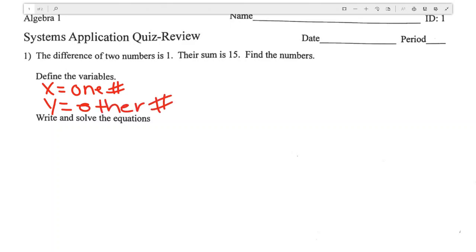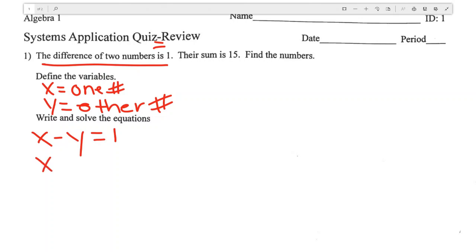We just label that because we don't know what the two numbers are. But what we do know is the difference of the two numbers is 1. Remember, is equals. So difference is subtraction.